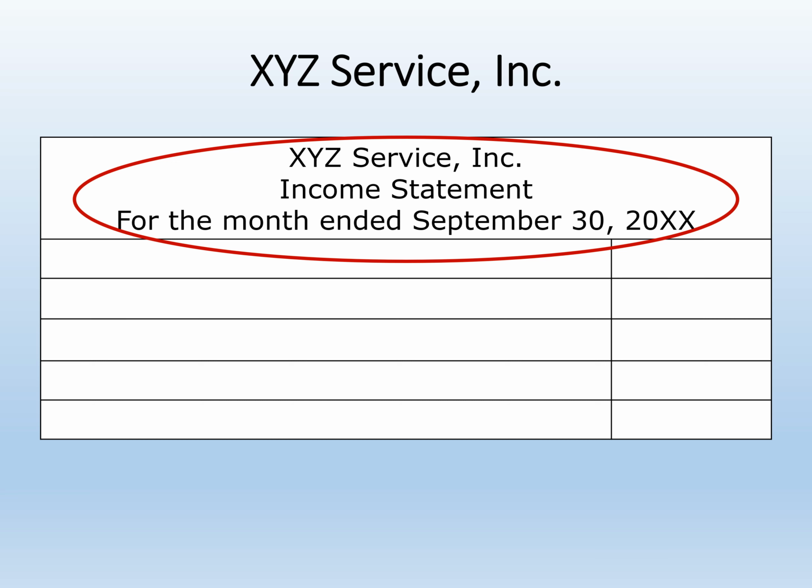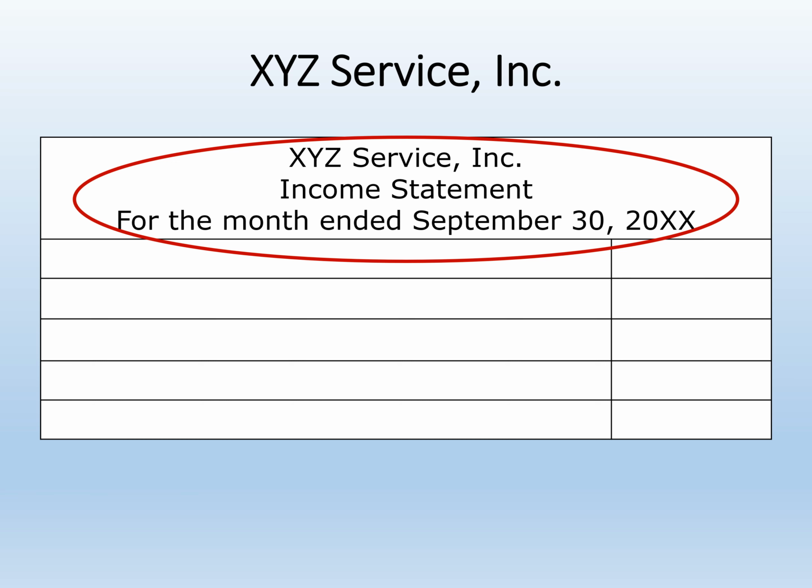That would be the month of September. It's a good idea to get in the habit of putting a heading on every document you create, especially accounting documents. Otherwise, you waste a lot of time searching for the right one.